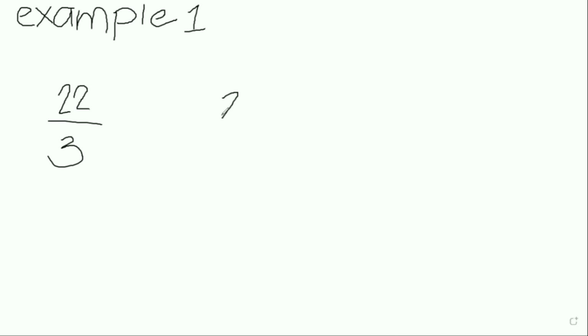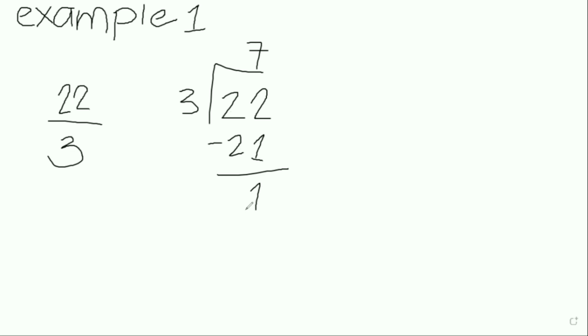First is we are going to divide the numerator by the denominator. So 22 divided by 3 equals 7. 7 times 3, 21. 22 minus 21 equals 1.